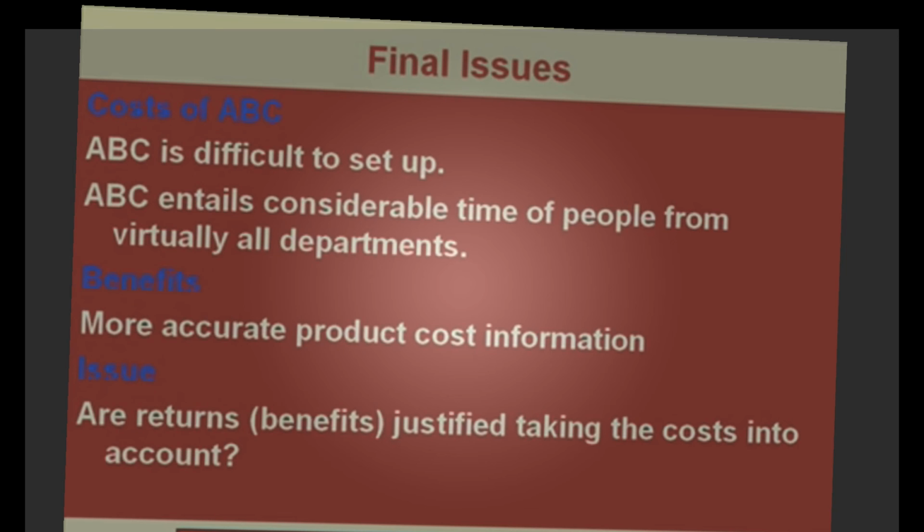If the answer is yes, it is a big deal for us, getting more accurate product cost information, and such a big deal, it outweighs the cost, then what you do, go with ABC.